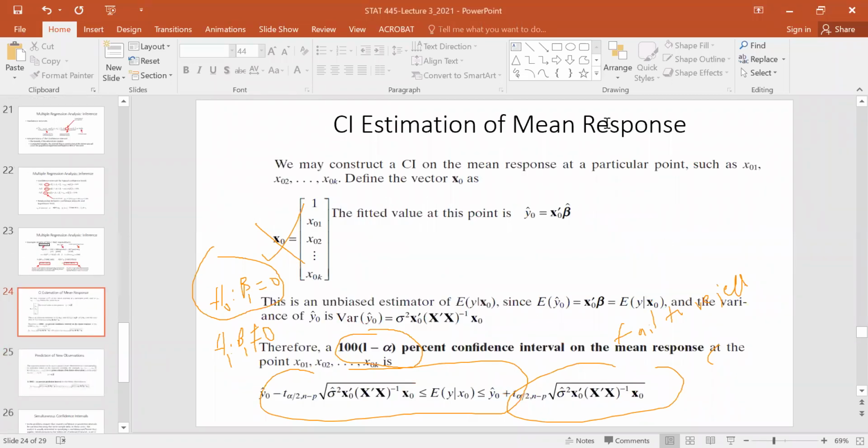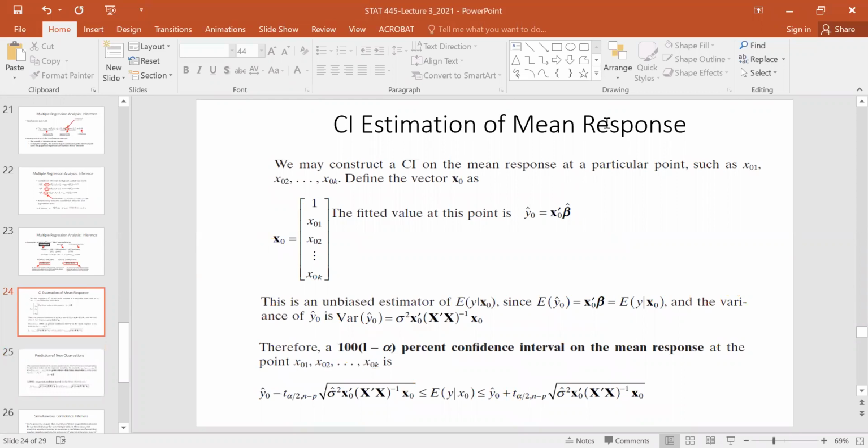Now, sometimes we want to construct a confidence interval not only for the true parameters but sometimes for the mean response. It's going to be straightforward. Look at the middle. That is what we are constructing the confidence interval for, the mean response.